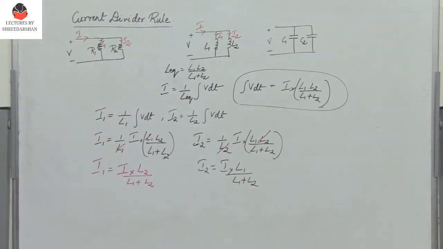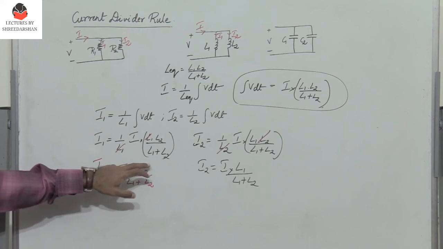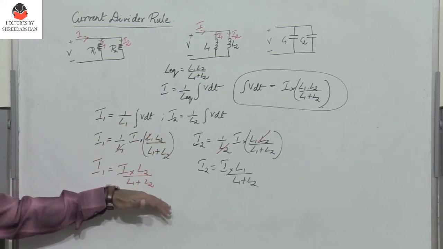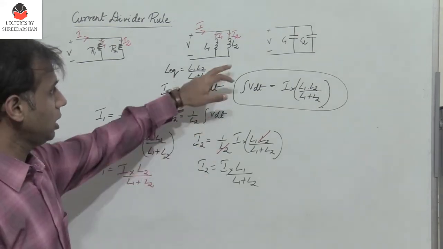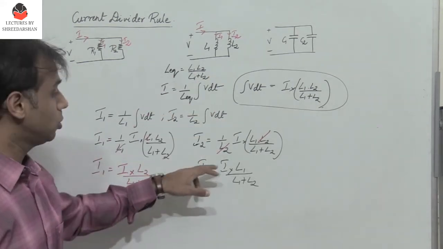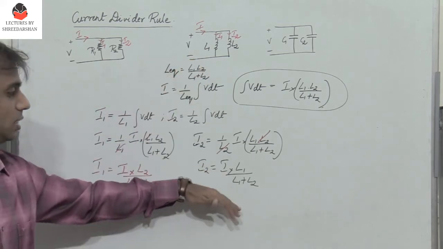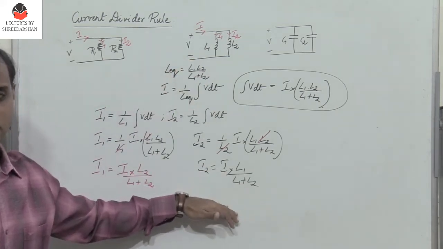So the expressions are very similar to that of the two resistors connected in parallel. Okay, so the current flowing through L1 is the total current into the inductance of the other branch divided by the sum of the inductors, and the current flowing through L2, that is I2, equals the total current into the inductance of the other branch L1 divided by the sum of the two inductances.